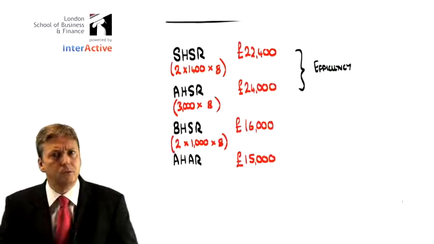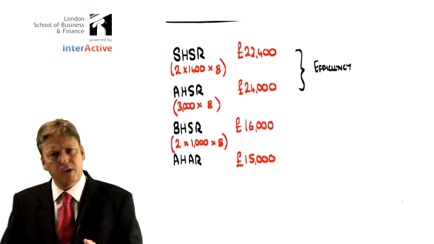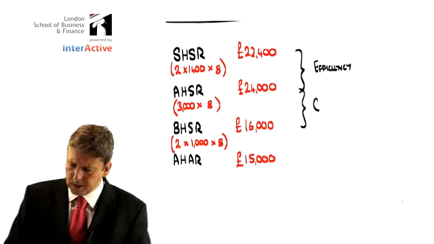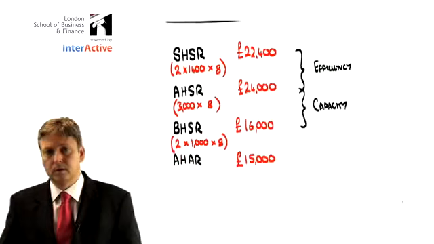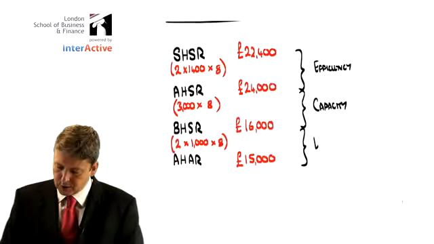That's not difficult at all. The next variance is where we compare actual hours at standard rate to budgeted hours at standard rate. We're going to learn to call this the capacity variance. And finally, comparing our budgeted cost to our actual cost gives us the expenditure variance.